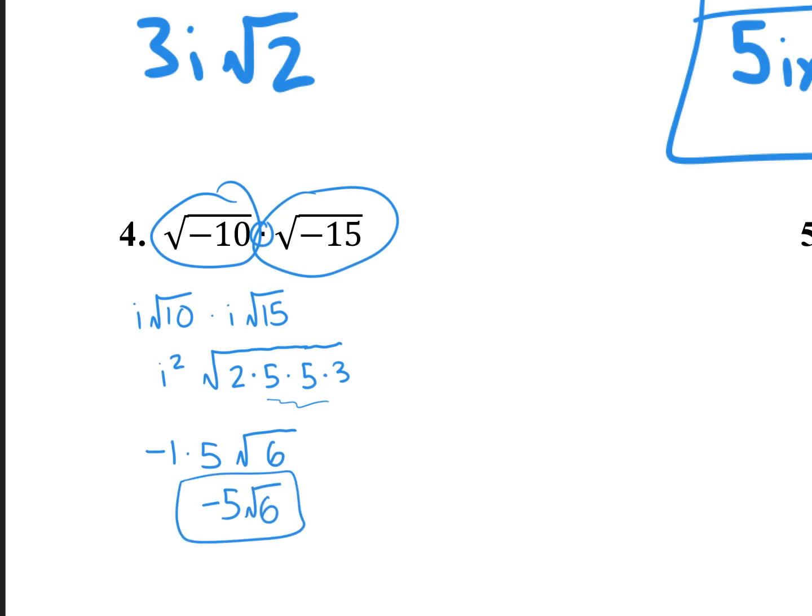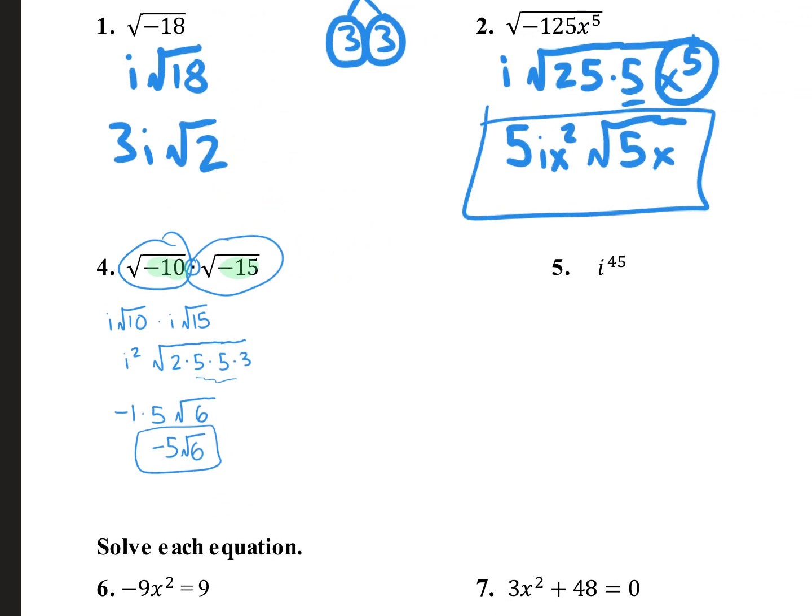All right, so if you multiply these together first, you get +150. And then when you simplify +150, you would just get 5 rad 6, which is not the correct answer. So you have to simplify each radical first and then multiply them together.